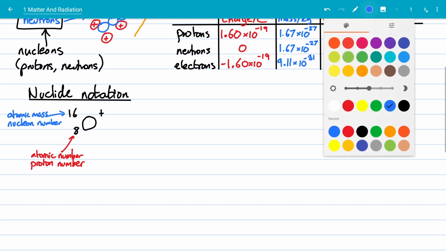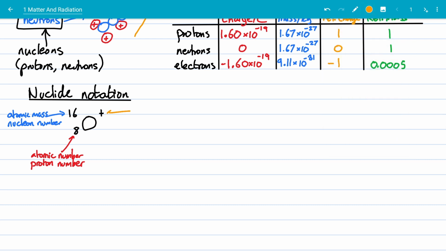So what about this other little symbol up there on the right? Well, that symbol there is the charge of the particle. In this case, it's an ion of oxygen. So let's say charge of the ion. Or I'll just say particle. Atoms are particles, ions are particles, electrons are particles, protons are particles.